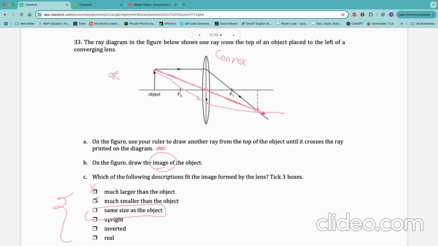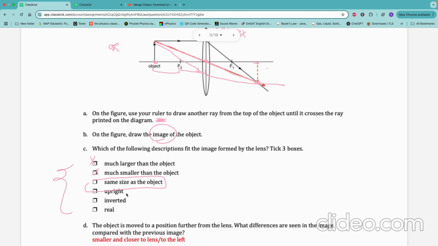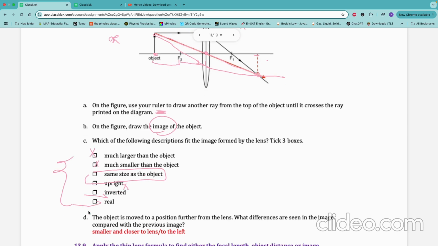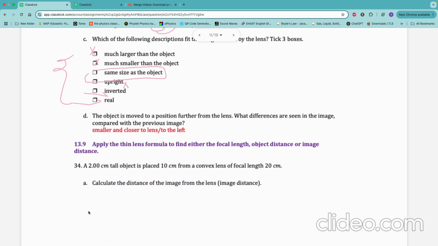Obviously, this is the focal length, and this object is placed at a distance which is double the focal length. So this means the image has to be equal in size, same distance away from the lens. It's upright? No. It's inverted? Yes. It's real? Correct.